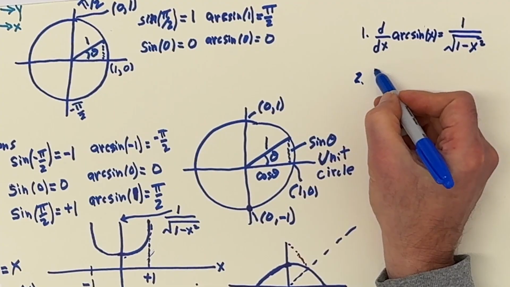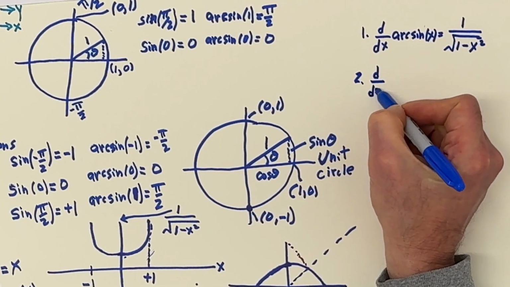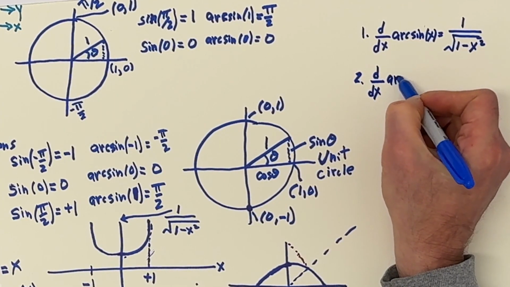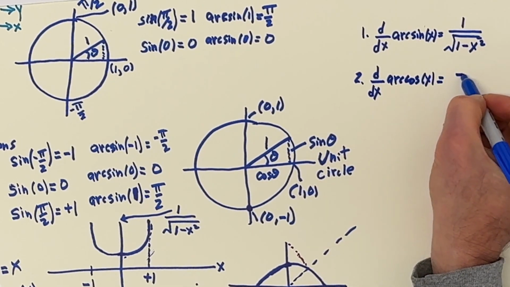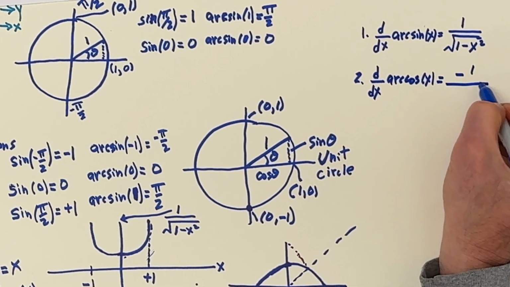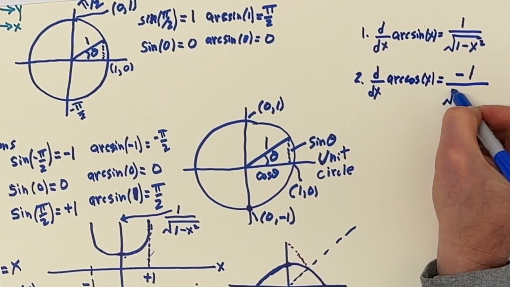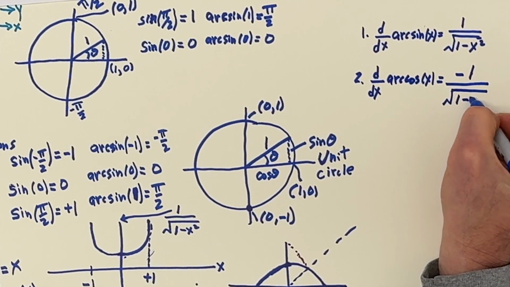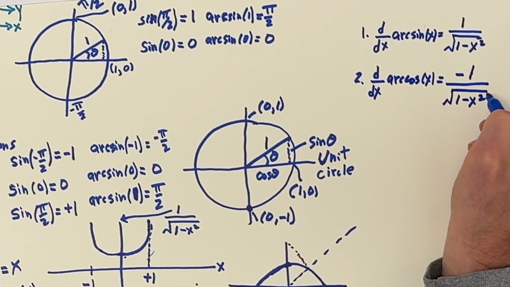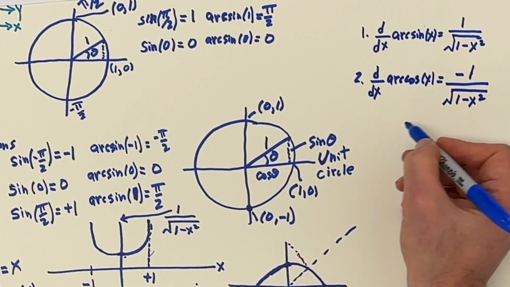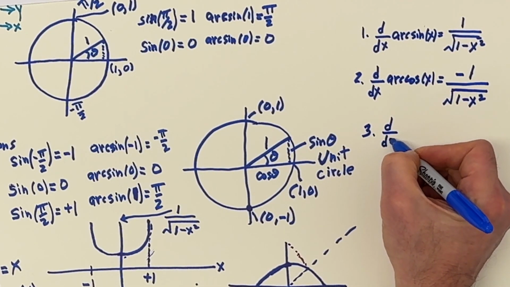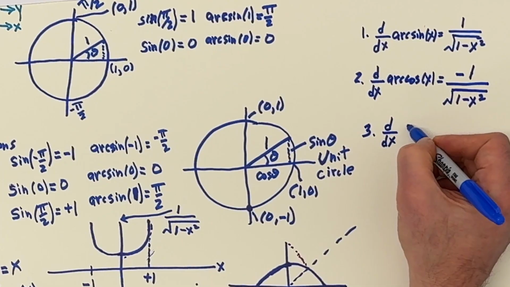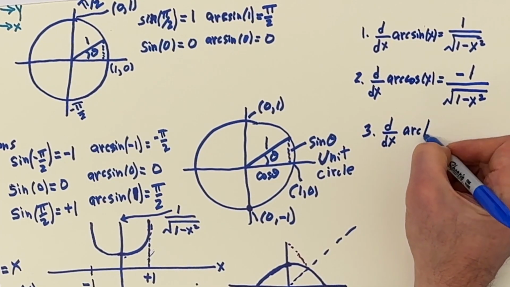And then 2, we show the derivative of the arc cosine of x is minus 1 over the square root of 1 minus x squared. And the next thing I'd like to do is find the derivative of the arctangent.